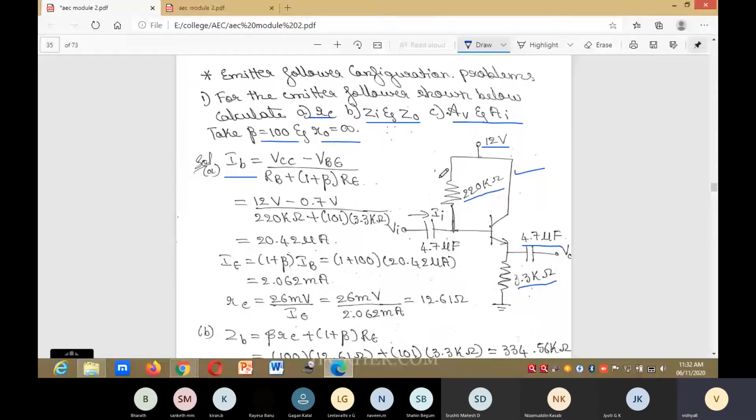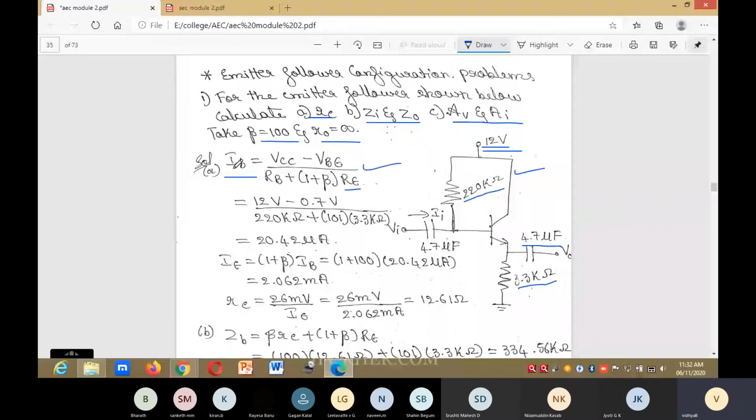Okay, they have given the resistances and VCC. IB is equal to what? IB is equal to VCC minus VBE divided by RB plus open bracket 1 plus beta close bracket RE. Okay, this is the equation for the emitter follower configuration.